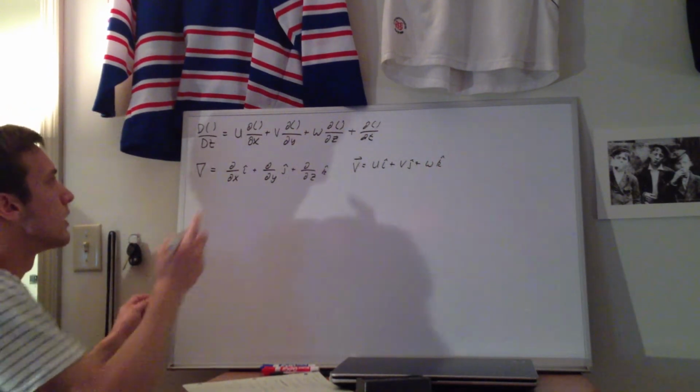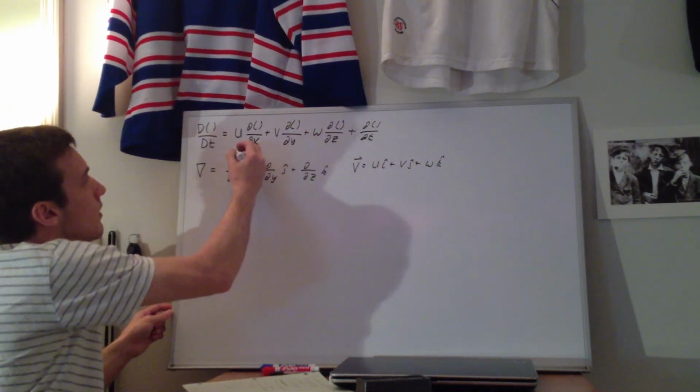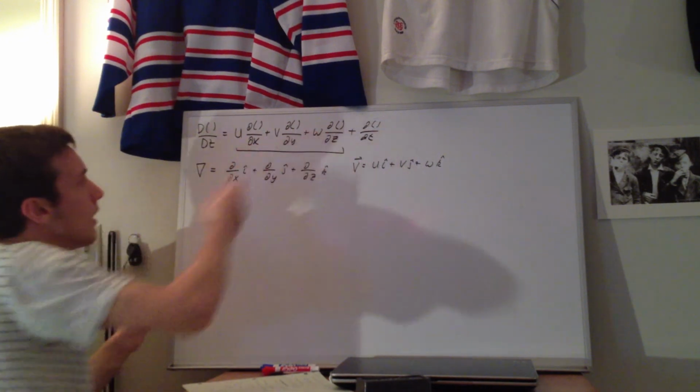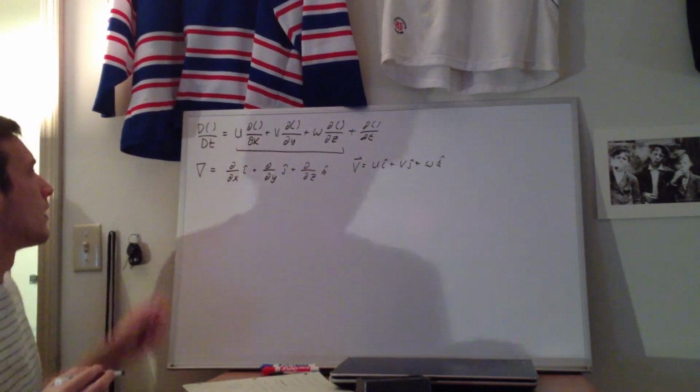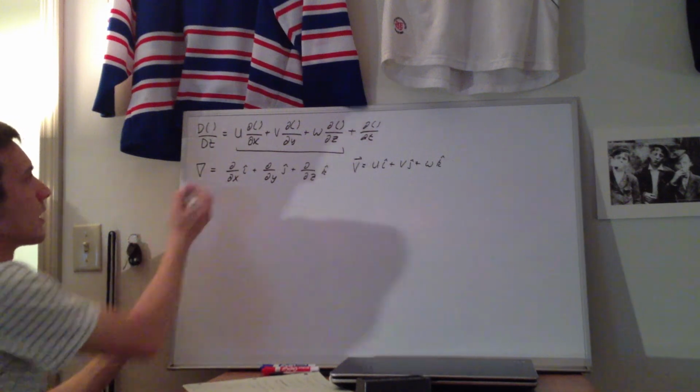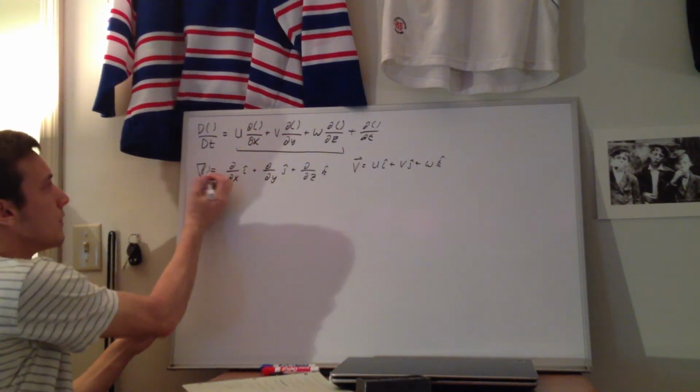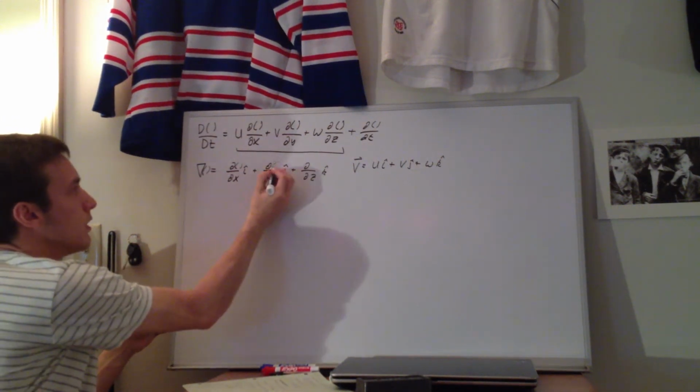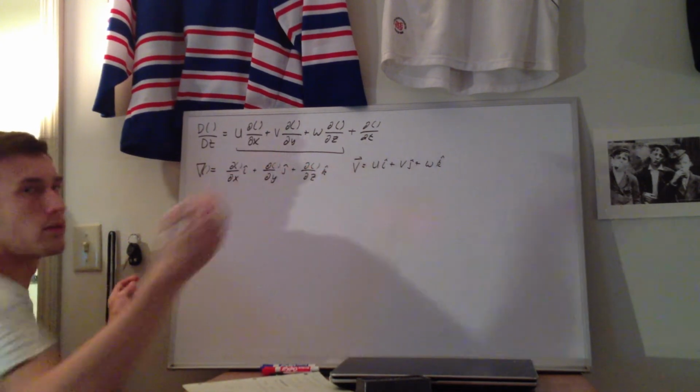So what you can see is that this term right here is actually going to be V dot this operator here, and I can put in these generalized parentheses as well, so it can be any flow field parameter.